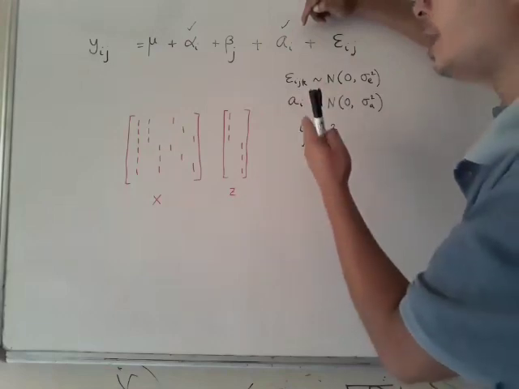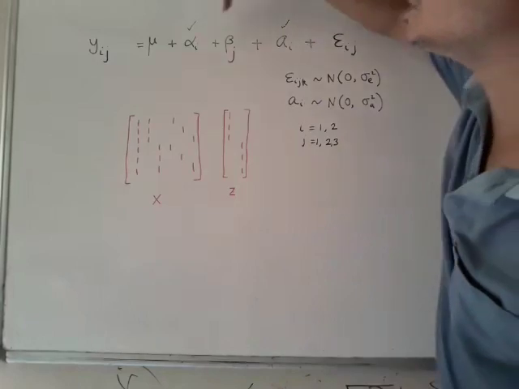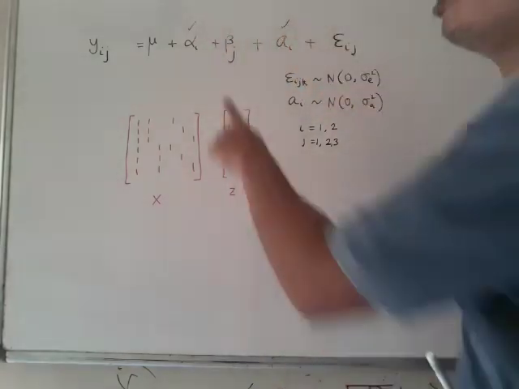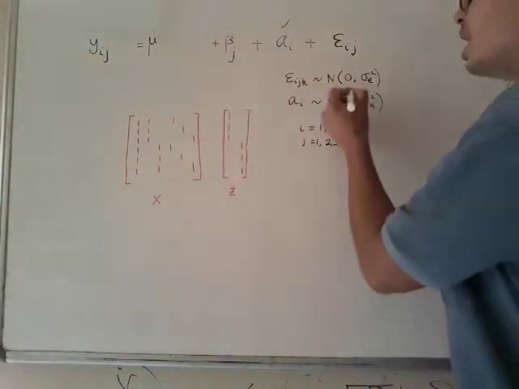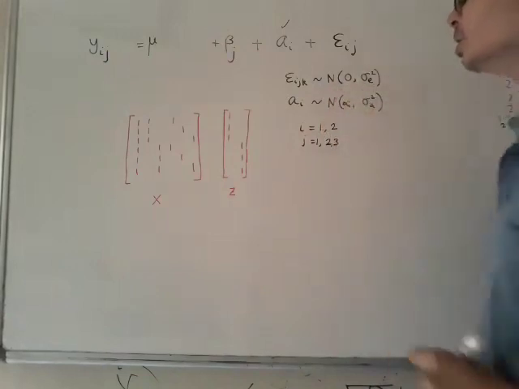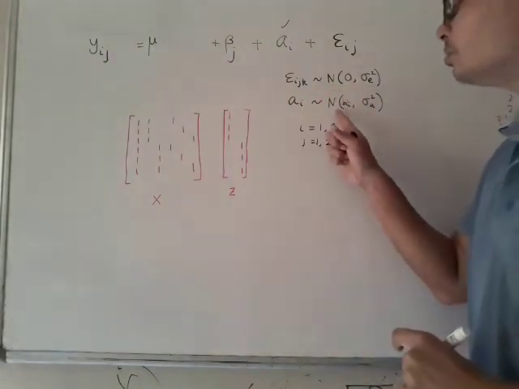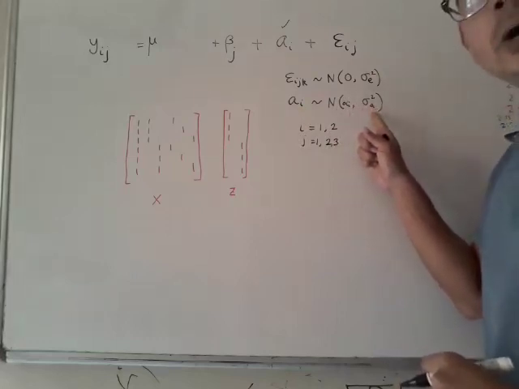So the mean of a 1 need not be same as mean of a 2. That mean is just written separately out here. So this is basically same as the model where you forget about alpha i here and you put the alpha i here. So you are having a i's random effect, normal, mean some unknown alpha i and variance sigma a squared.